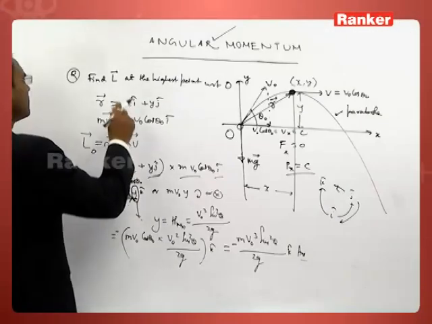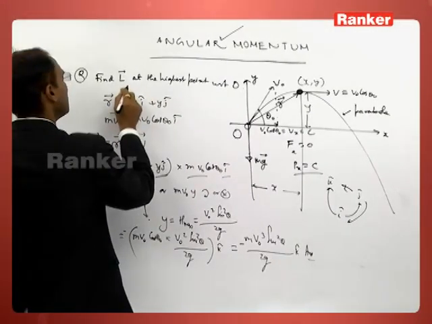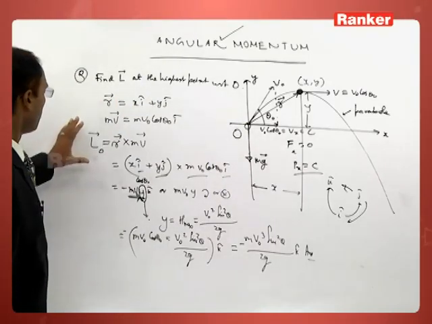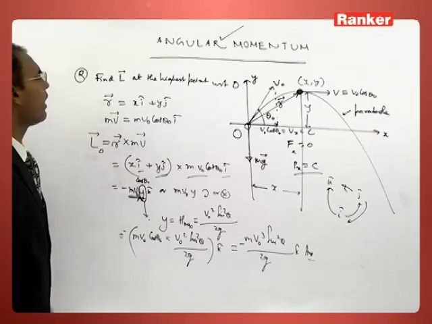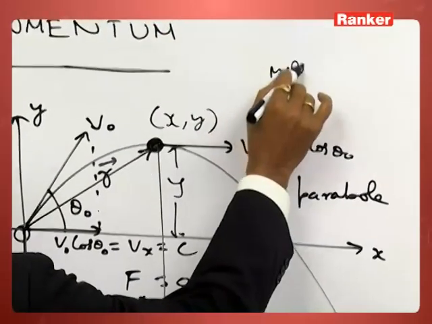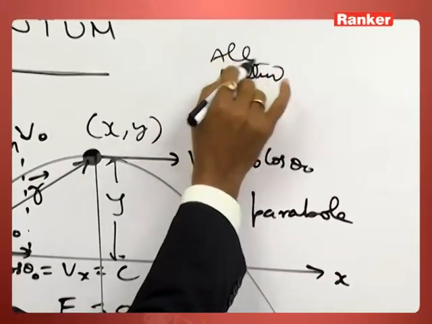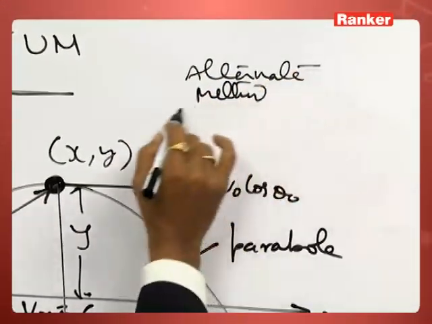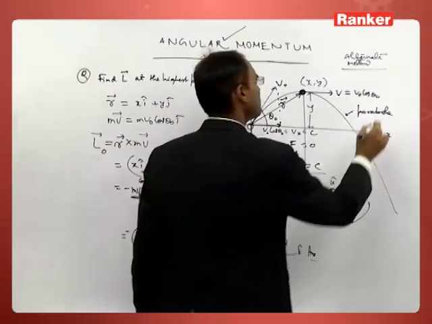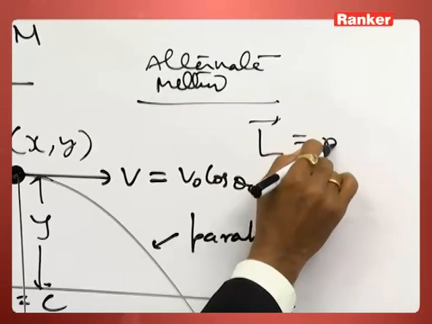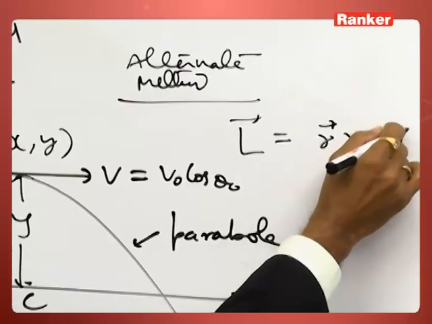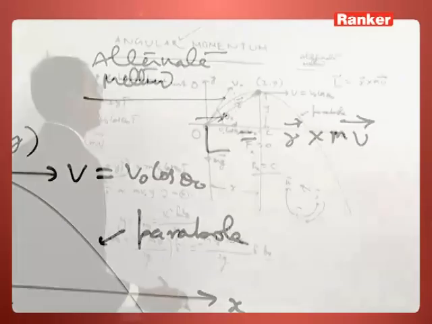This is the angular momentum of the particle about the point of projection. You can use this idea or directly also you can do it. As an alternate method, you can write L is equal to r cross mv.